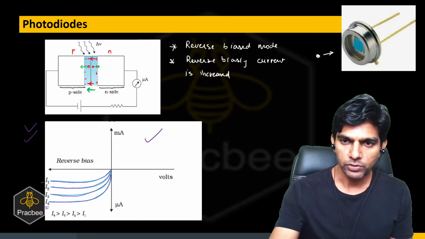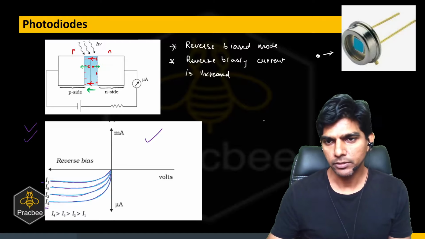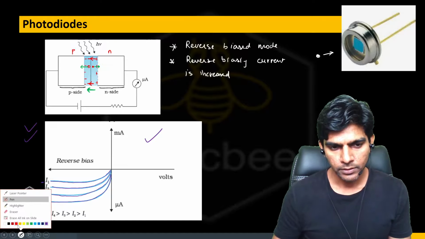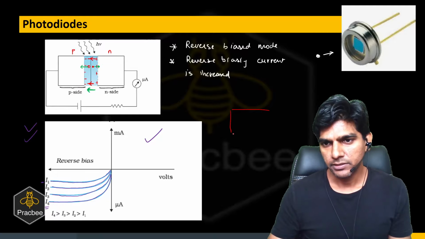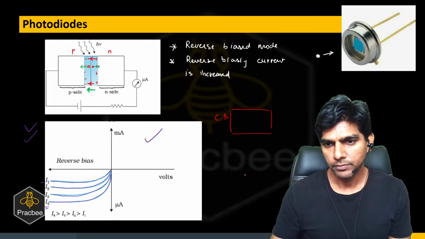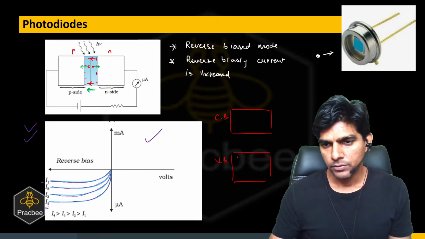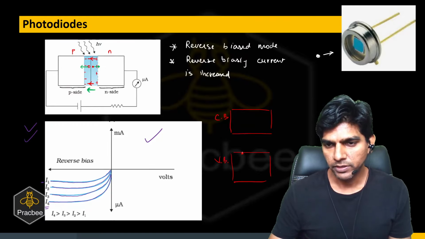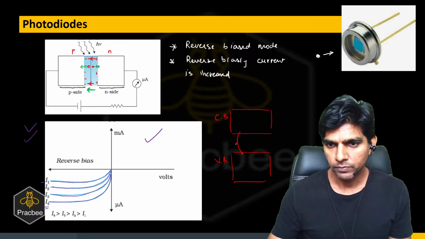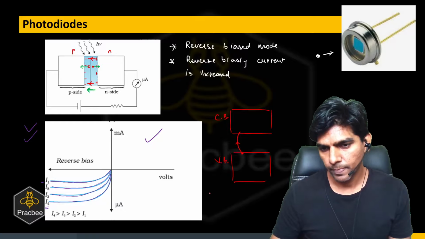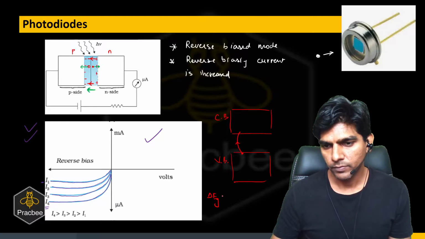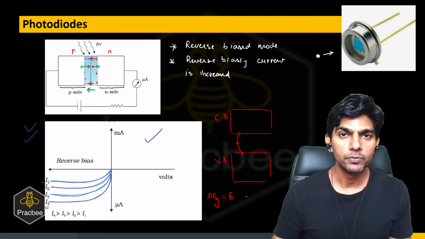So the concept about photodiode is clear. Now what is happening here? Let us say this is the conduction band, and here we have the valence band. If an electron in the valence band gains energy and goes to the conduction band, that happens if we have photons whose energy is equal to the forbidden energy gap.